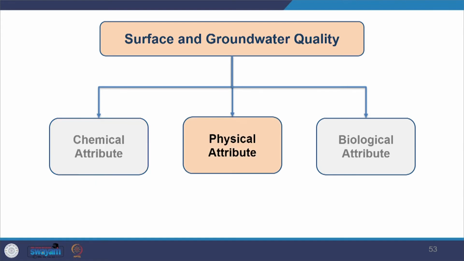Second, the physical properties. We see that natural waters vary in the amount of particulate material present in them. Rivers typically carry large quantities of particulates. We can also see the term here, bed load. Bed load is the riverbed particulates.